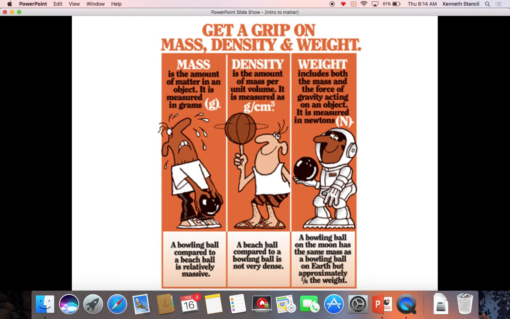What is that measurement? 1/6. That's probably something you need to write down and remember. 1/6. The gravitational force on the moon is 1/6 that of the earth. All right, so good job.